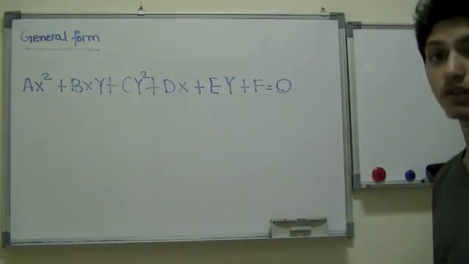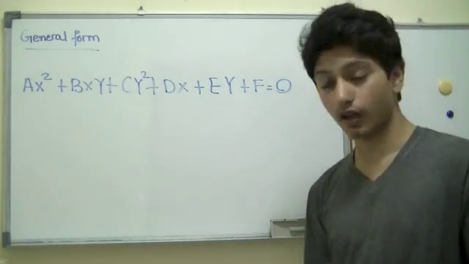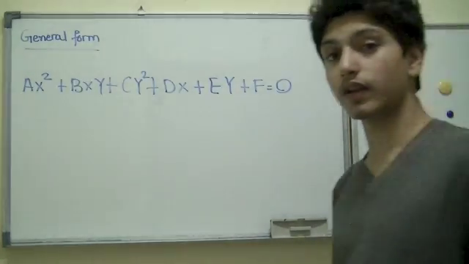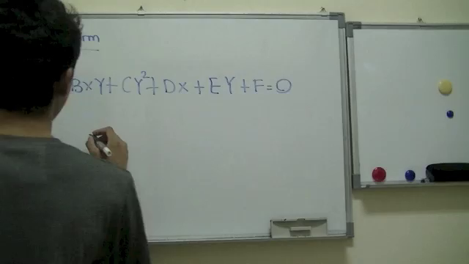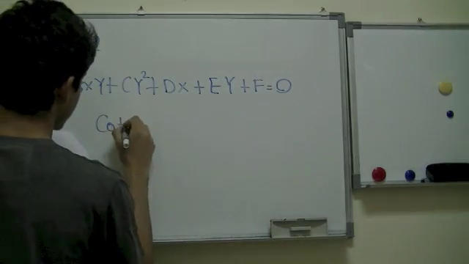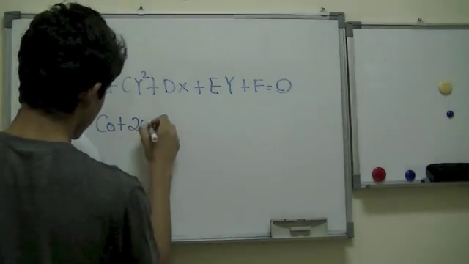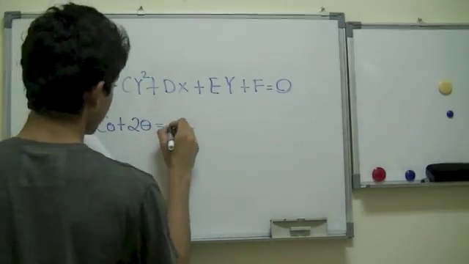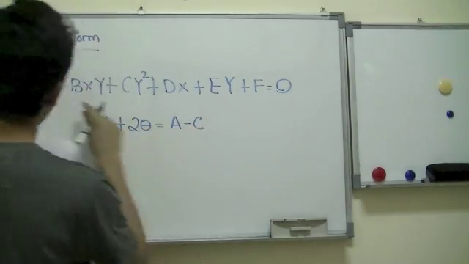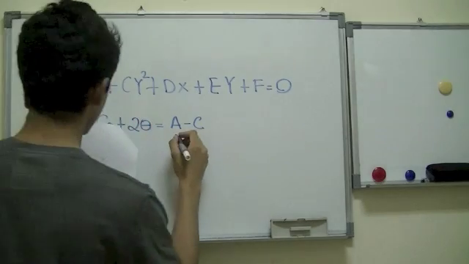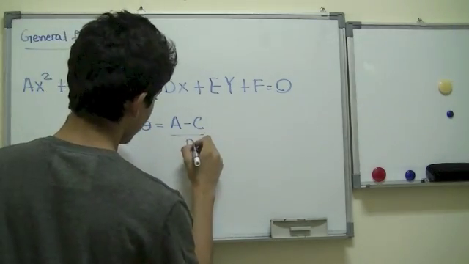Okay, now it turns out that we can use trigonometry in this as well. So we can use cotangent, which is written as cot of 2 theta, would be equal to a minus c, all divided by b.